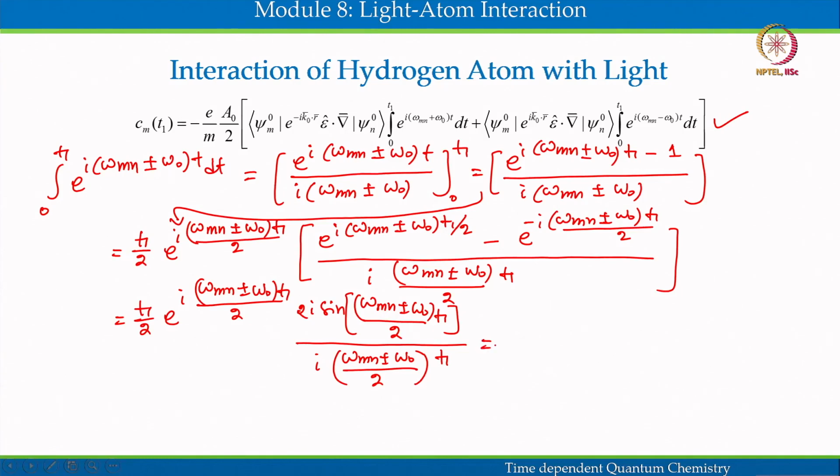So what I get finally is that this 2 and 2 will cancel out, and this i will cancel out.